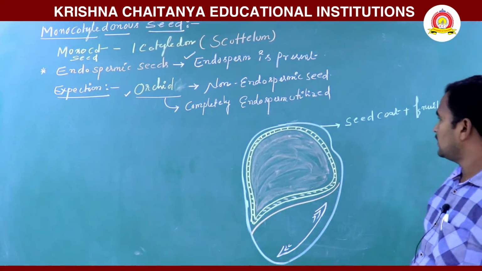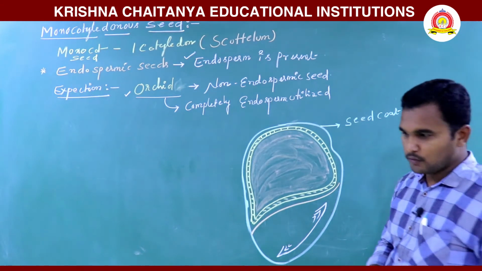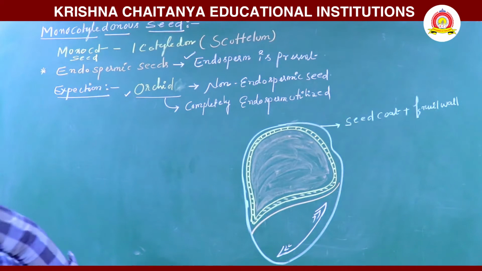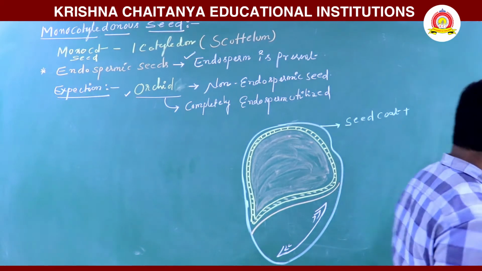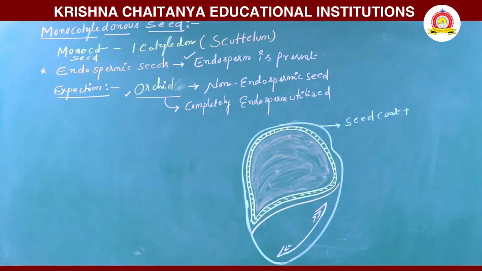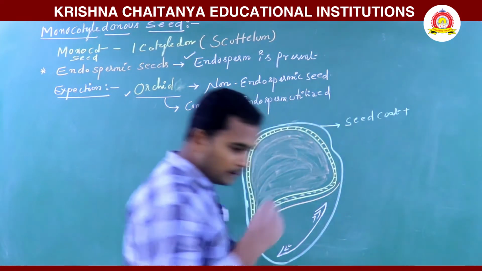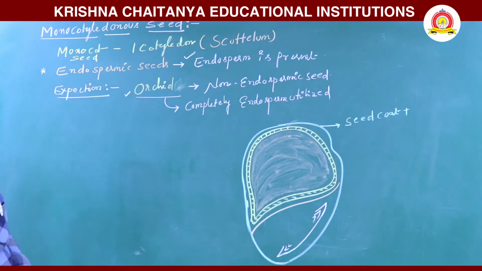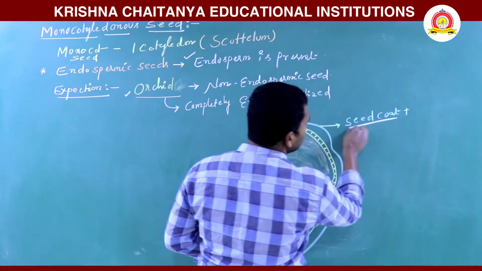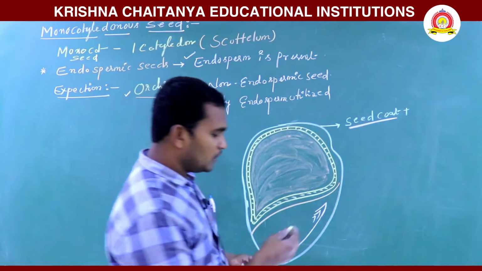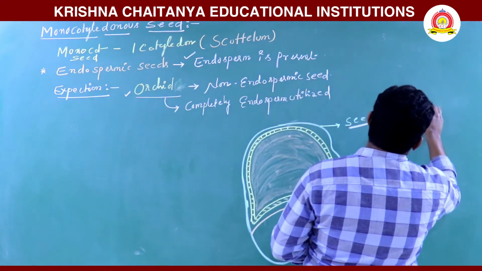So the outermost membranous layer has the seed coat and the fruit wall only.